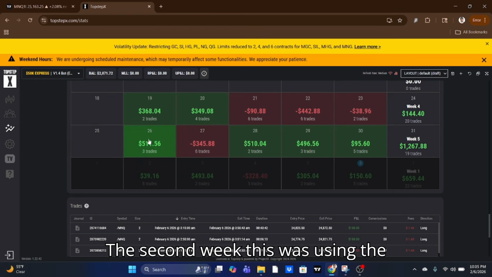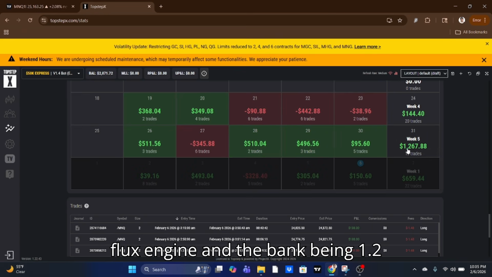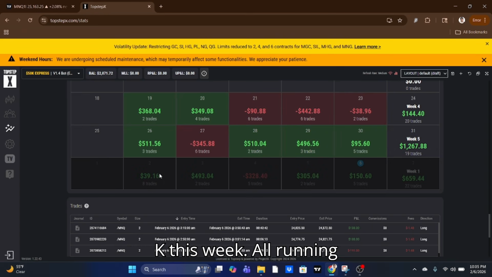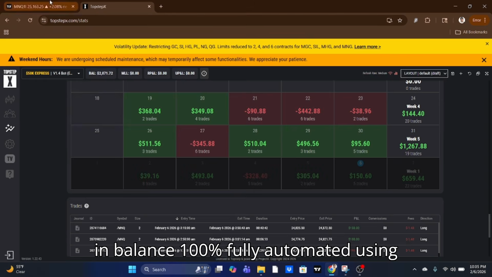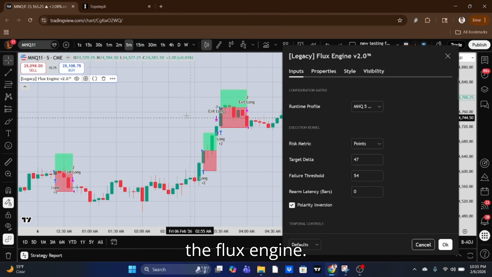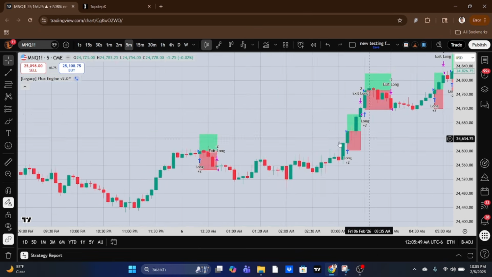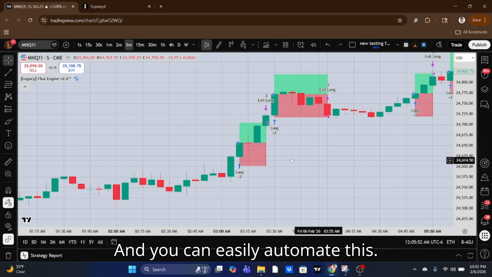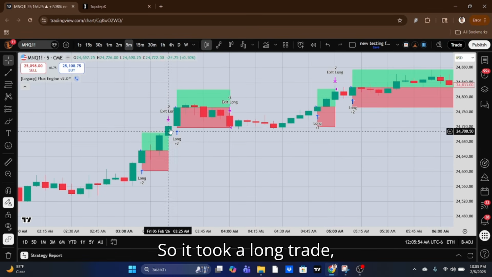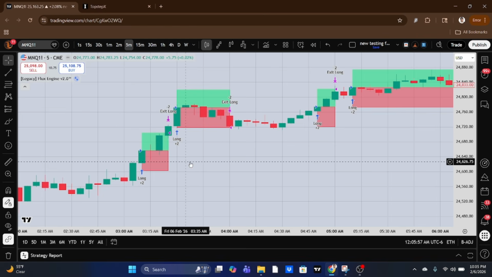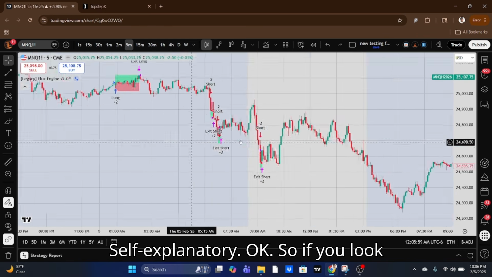The second week was using the Flux Engine and it banked me 1.2K. This week, all winning trading days besides one, so I still ended the week in profit, 659. So I got over $2,000 in balance, 100% fully automated using the Flux Engine. And you can easily automate this. It took a long trade, exited. Long trade, exited. It's self-explanatory, okay?